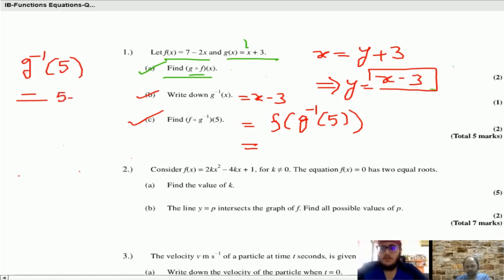In place of x we should substitute 5, isn't it? So 5 minus 3 is going to be 2. So it becomes f of 2.